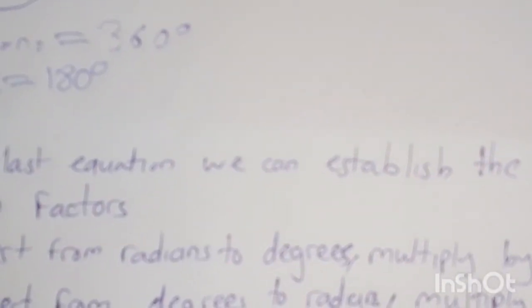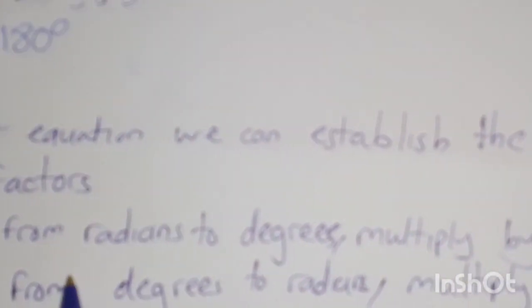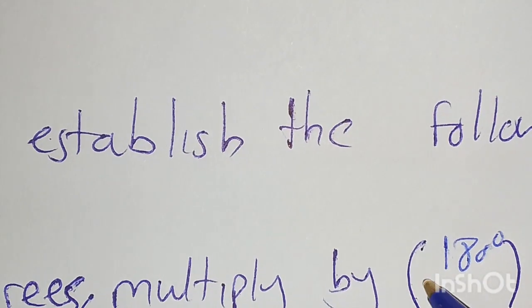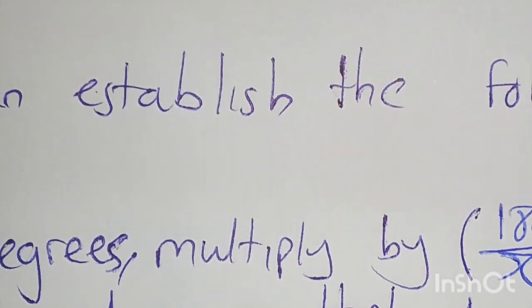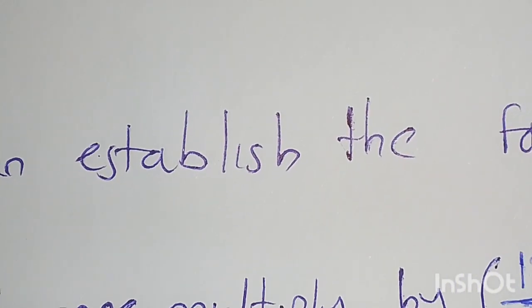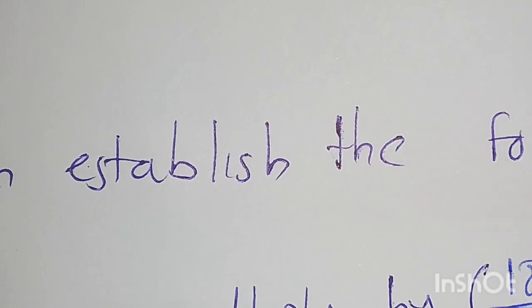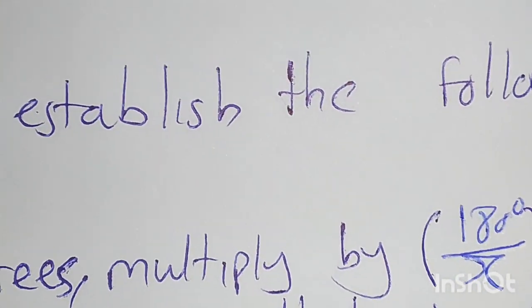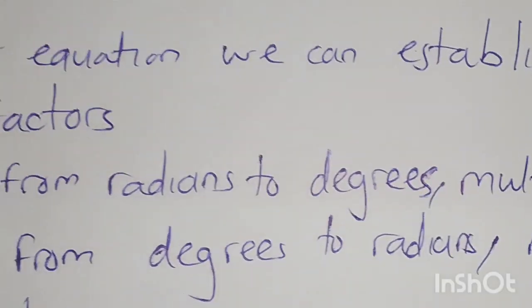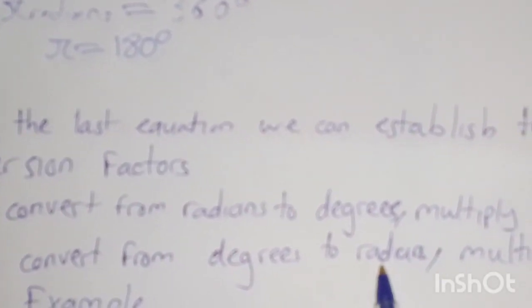When you're moving from pi to 180 degrees, you multiply the radians you've been given by 180 degrees over pi.